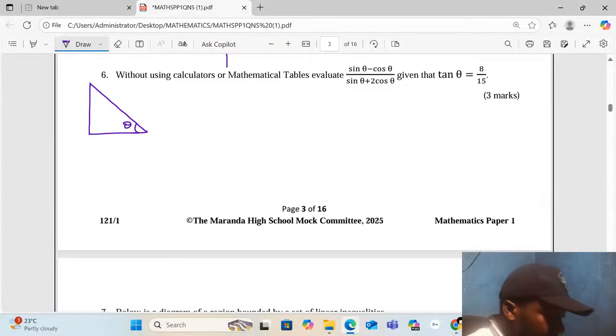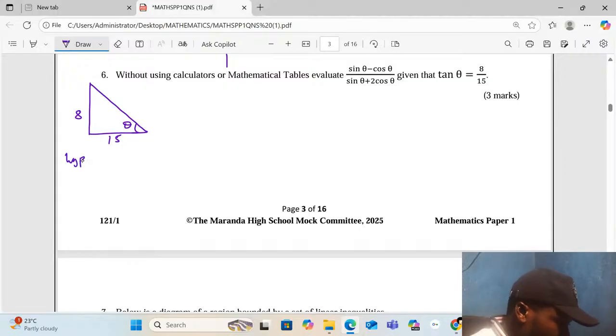So given that this is theta, tan theta becomes 8 over 15, meaning 8 is the opposite and 15 is the adjacent. We can find the hypotenuse.